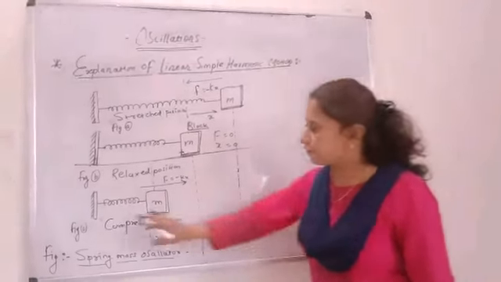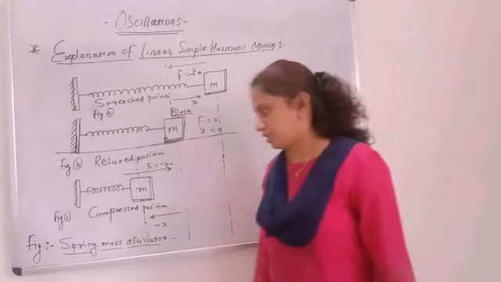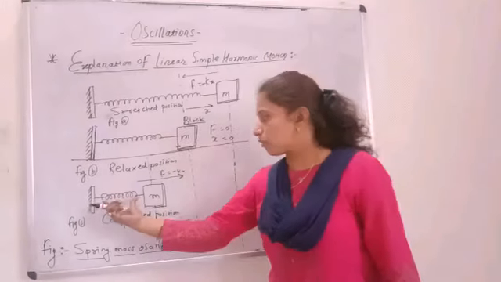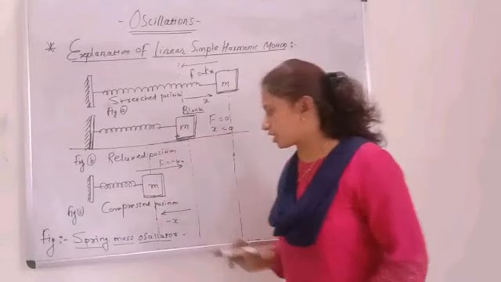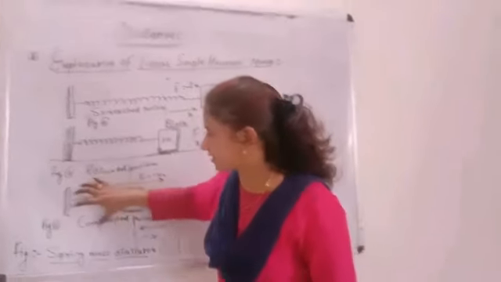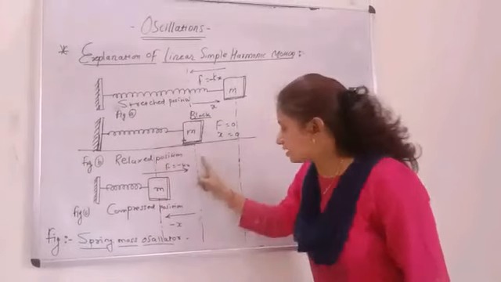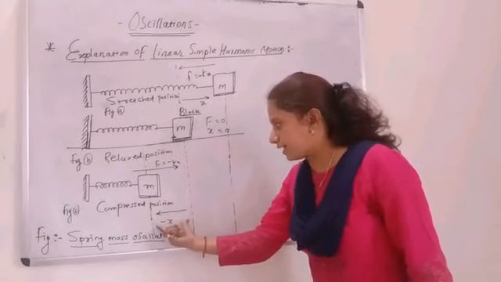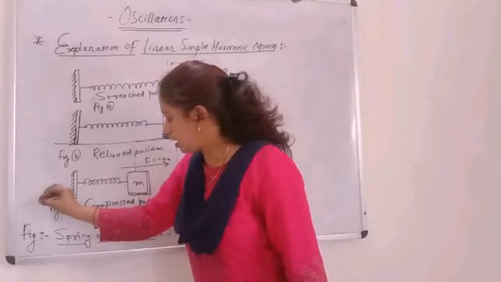Now, in figure C, there is a compressed position. The spring is in the compressed position. In this compressed position, the block is moved towards the left side. So here the displacement is minus x, meaning the block is moving towards the equilibrium position.